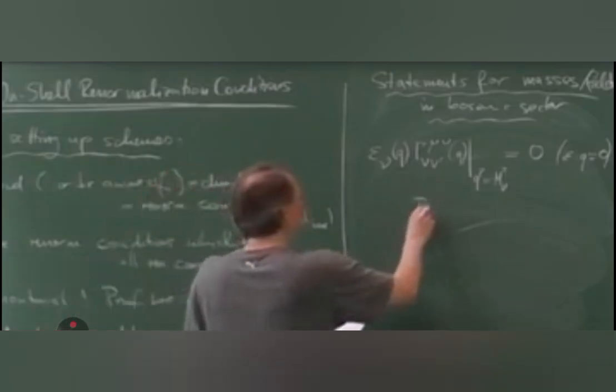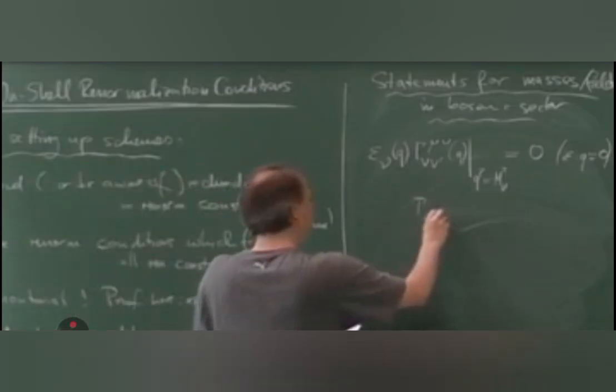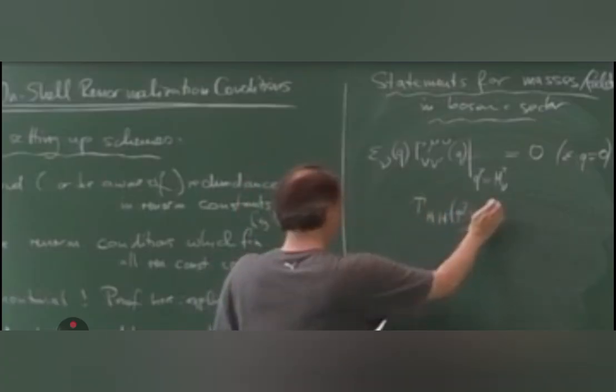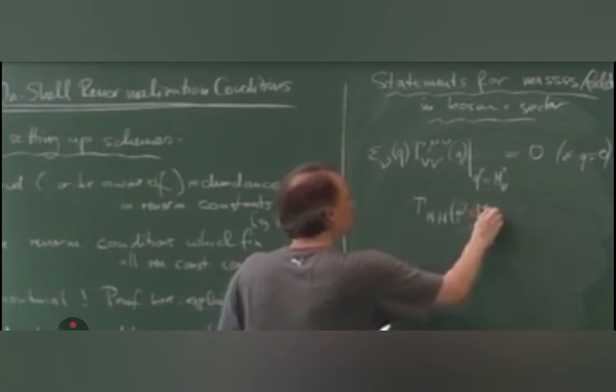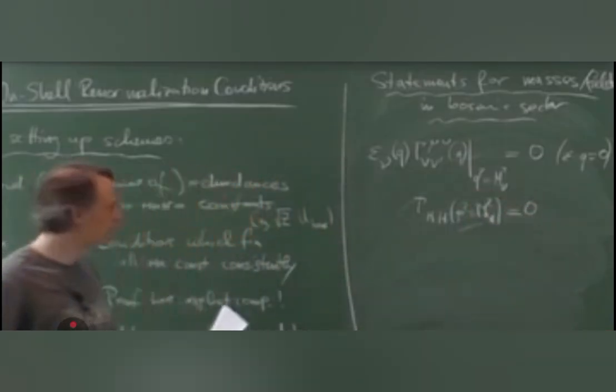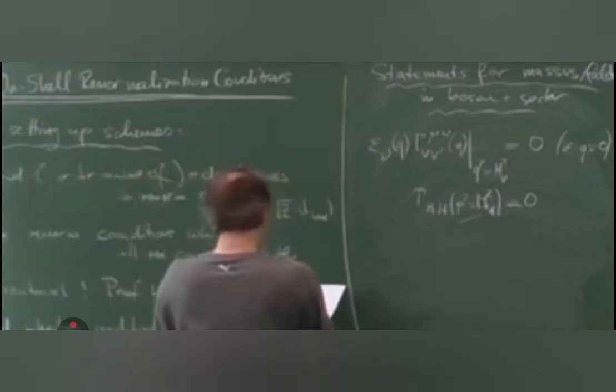Then similarly, for the Higgs two-point function at p square equal capital mh square equals 0, that is the on-shell condition for the Higgs boson mass.